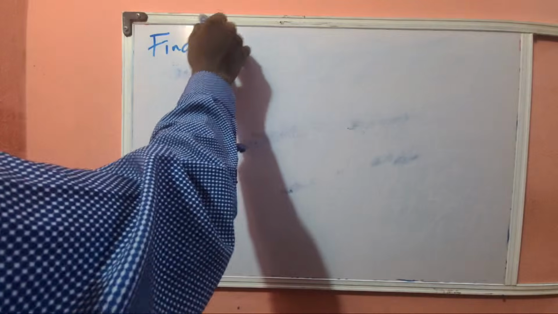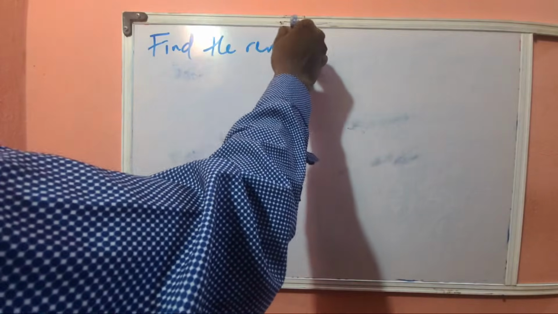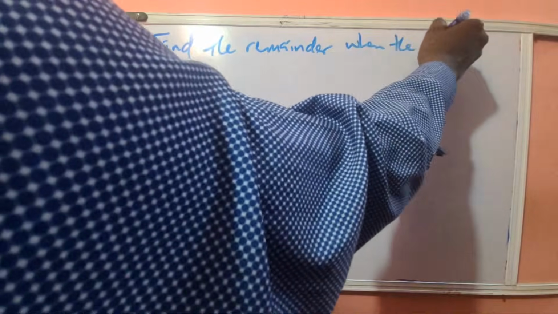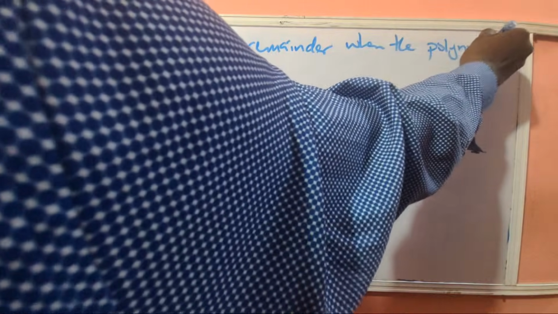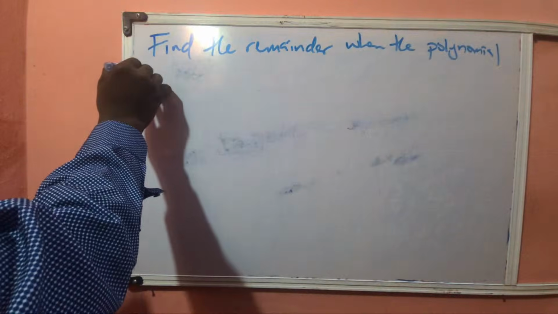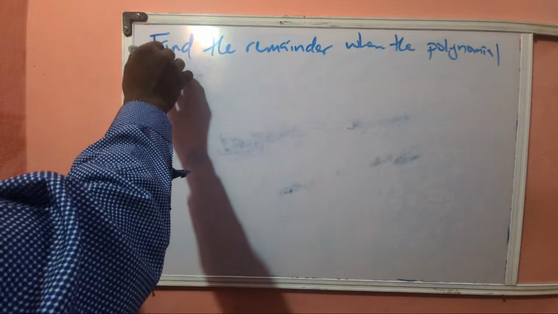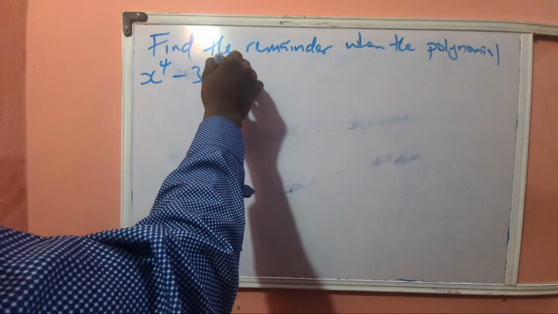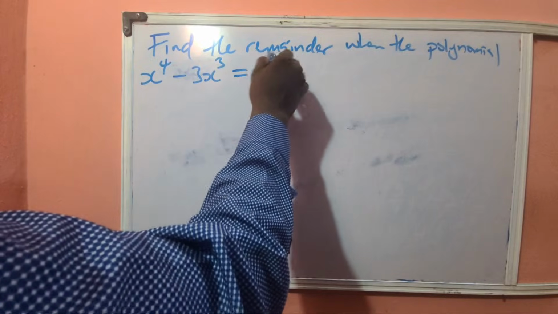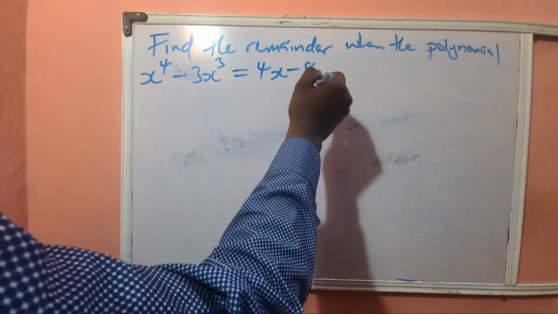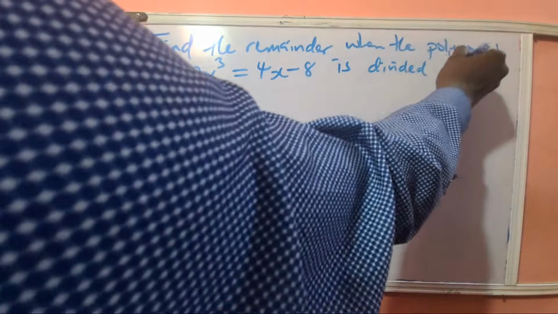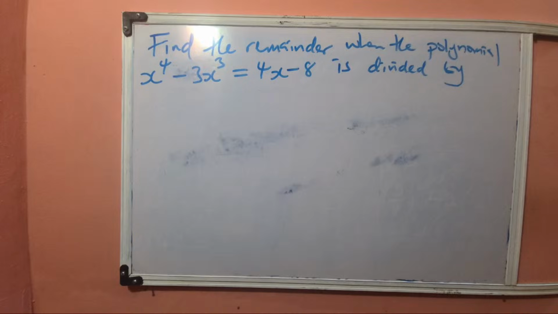The question said, find the remainder when the polynomial, look at the polynomial now. This is where you need to take note. 4x minus 3x cubed is equals to 4x minus 8 is divided by 2x plus 1.